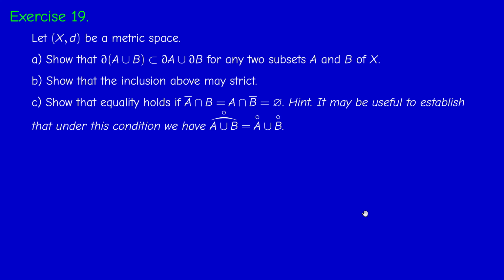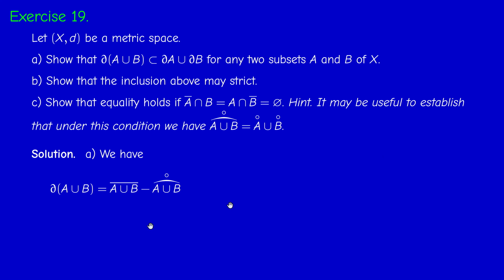And third thing, we have to prove that we have equality if, in some sense, A and B are separated, in the sense that not only are they disjoint, we have something stronger actually, that B does not meet A bar and A does not meet B bar. Okay, and I gave you a hint. You will see why this is useful.